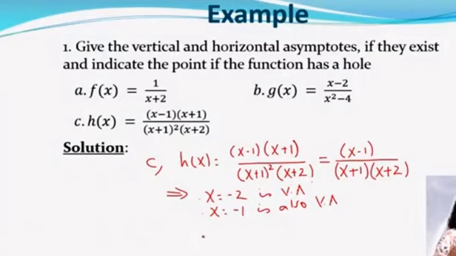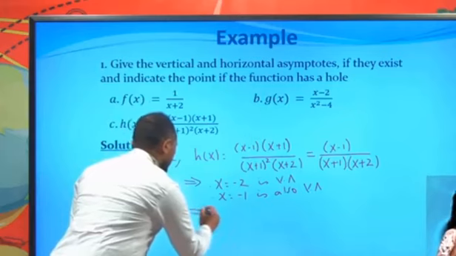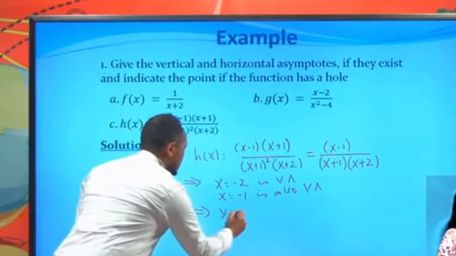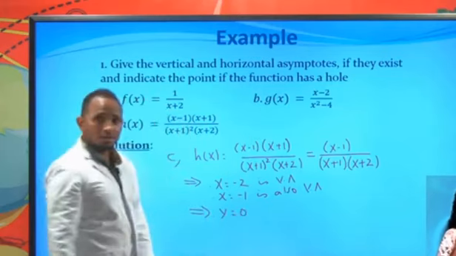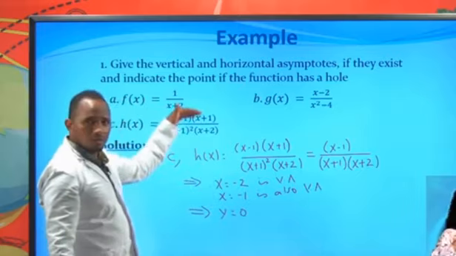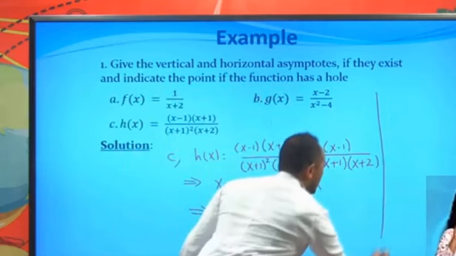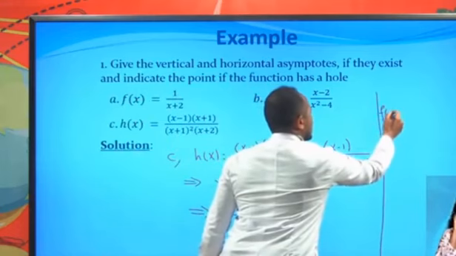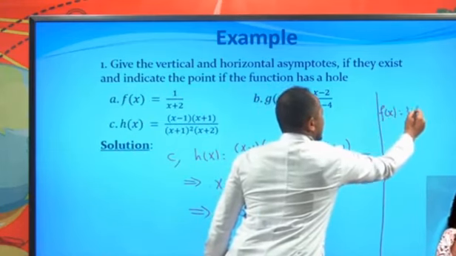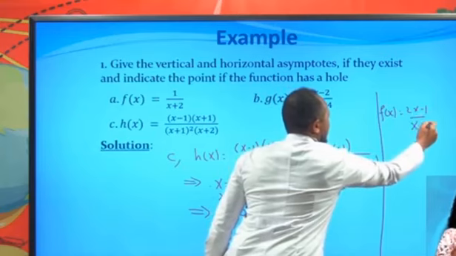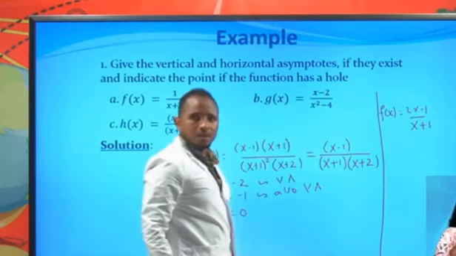It may have horizontal, vertical, or it may have vertical and oblique and so on. Next, determine the point of intersection of the graph with its horizontal or oblique asymptote, if it exists. By the way, a graph may cross its horizontal or oblique asymptote, but it can never cross its vertical asymptote.